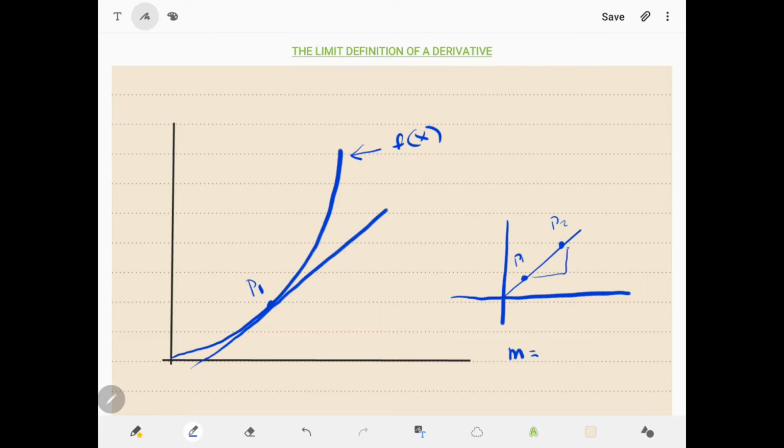If this is y and this is x, y is equal to y2 minus y1, and x is equal to x2 minus x1. Substituting in the formula, this is y2 minus y1 over x2 minus x1. This is your formula for slope. Notice, class, that we need to have 2 points here for us to get a slope.